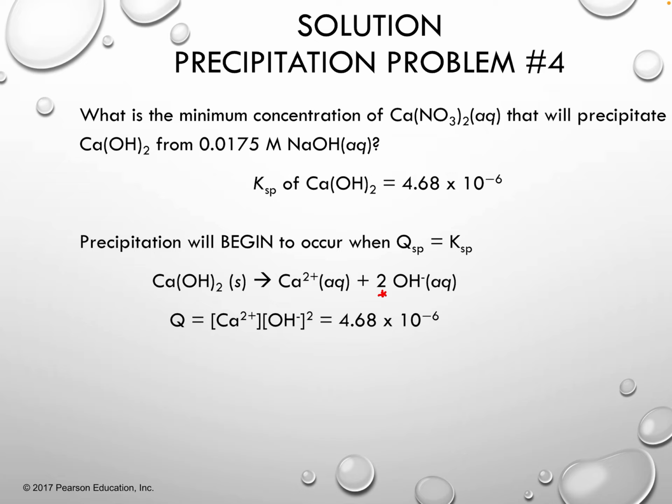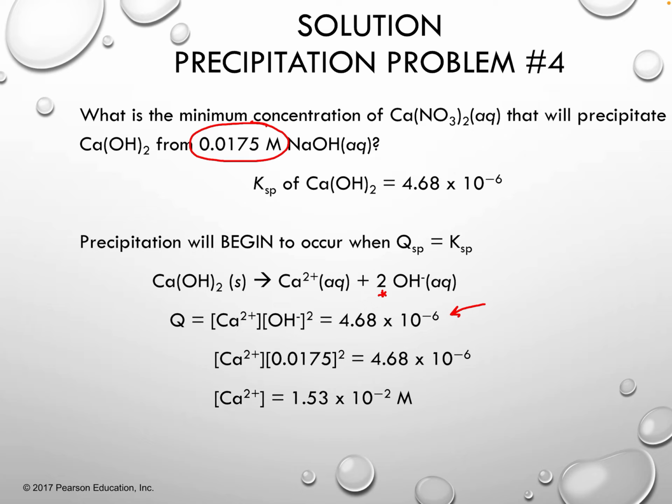Once we've got that, and we've got our KSP value, because Q is equal to KSP when precipitation starts, we can plug in the concentration of our hydroxide in order to solve for the concentration of our calcium. This is a pretty straightforward problem, but it's really useful when we are doing these selective precipitation problems.